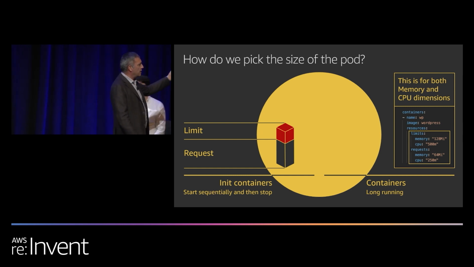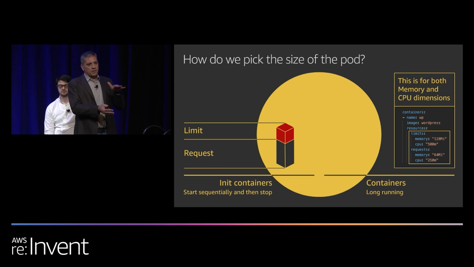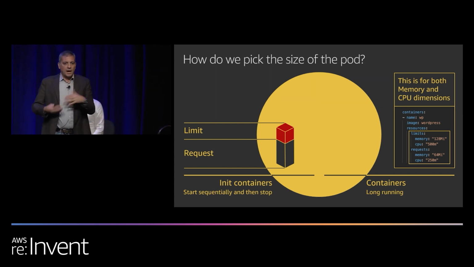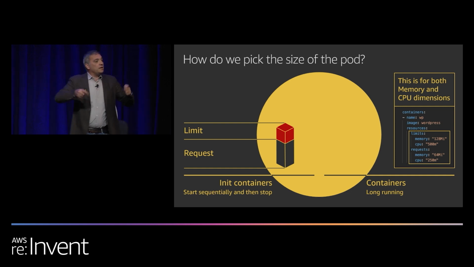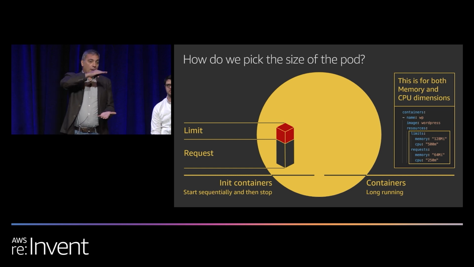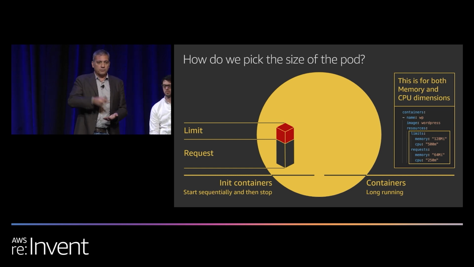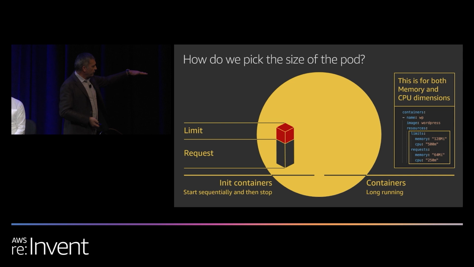Request is how much CPU and memory I need to be able to run. Limit is, if I need more capacity than what I'm requesting, I can use it up to that limit. So if you land on a super powerful EC2 instance and you set the limit to 2 GB of memory, for example, it's not going to use more than 2 GB of memory. Okay? So this is the first init container.